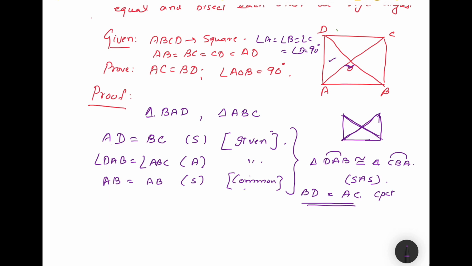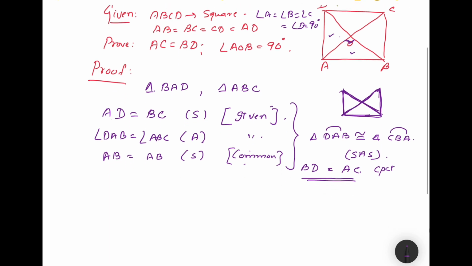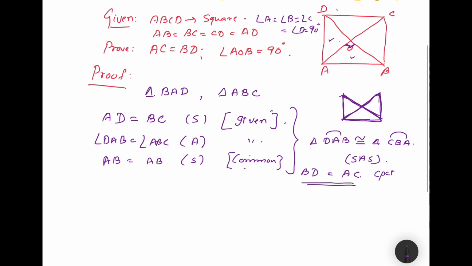What we had taken before was this triangle, with which you proved the diagonals are equal. Now, to prove this angle is 90 degrees, you have to take the adjacent triangles. So, we will take triangle DOA and triangle BOA.